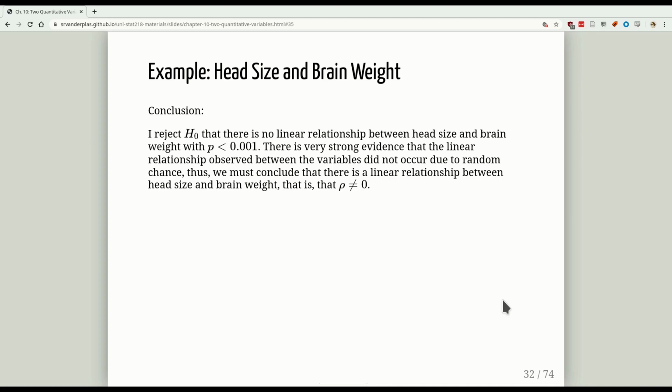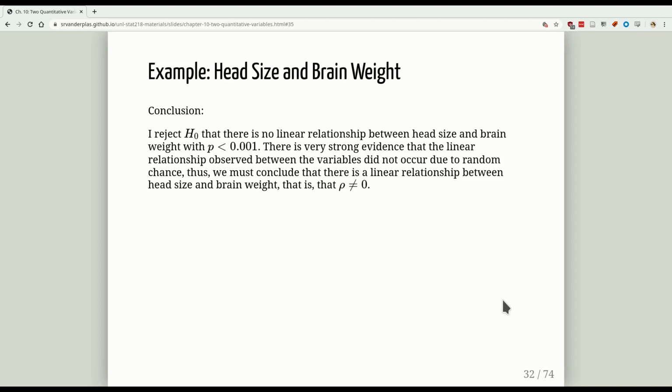Okay, so with that, our conclusion is I reject the null hypothesis that there is no linear relationship between head size and brain weight with p less than 0.001.